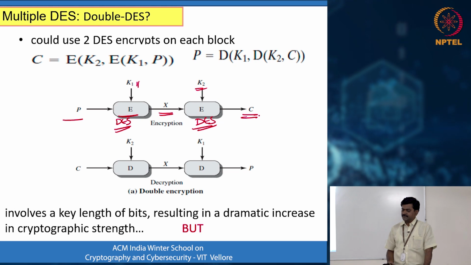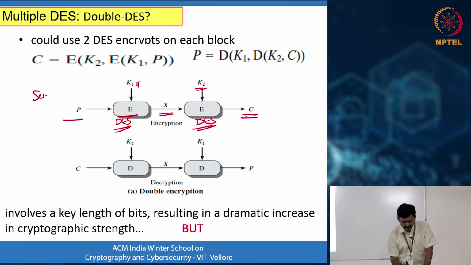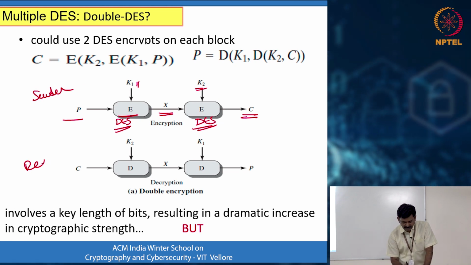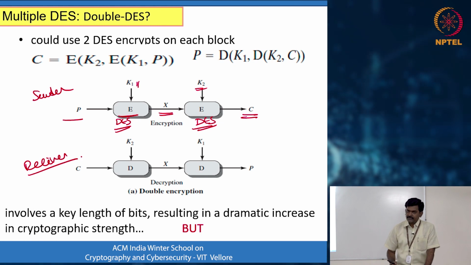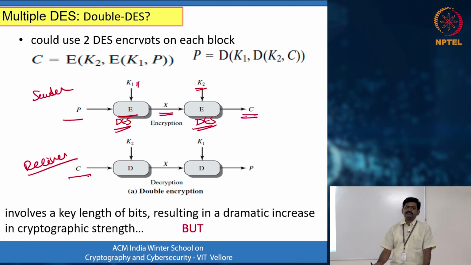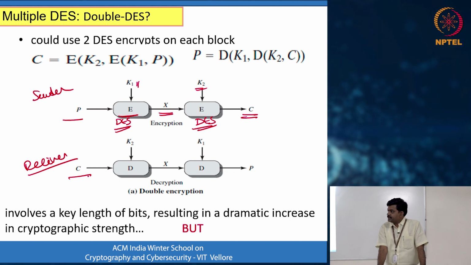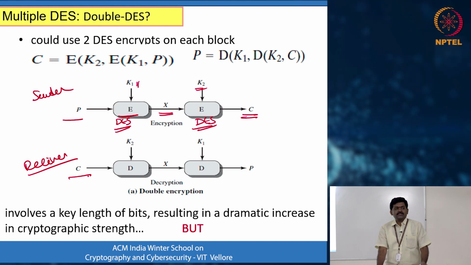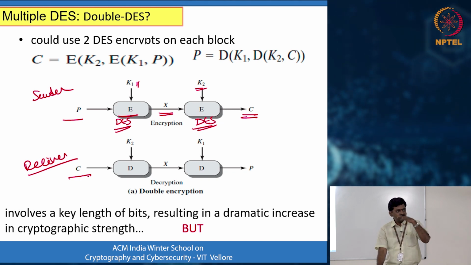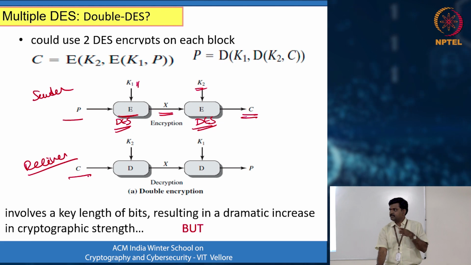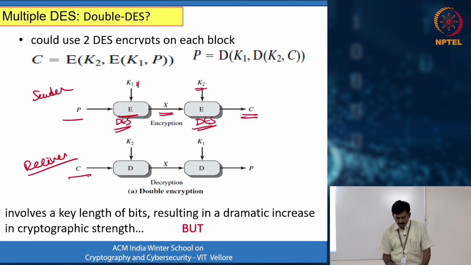This is what happens at the sender, and at the receiver, take the ciphertext, then decrypt it with the help of which key? K2, because which lock have you used last? The second lock is the last, so open that second lock. That means K2 has to be used to decrypt it.